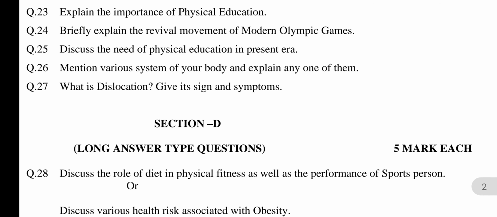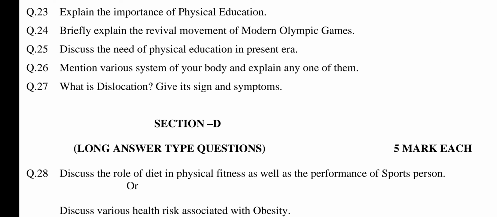Question number 23. Explain the importance of physical education. This question is related to chapter number 1, Concept of Physical Education. The answer may be: the importances of physical education in modern society in the present era are as listed below.